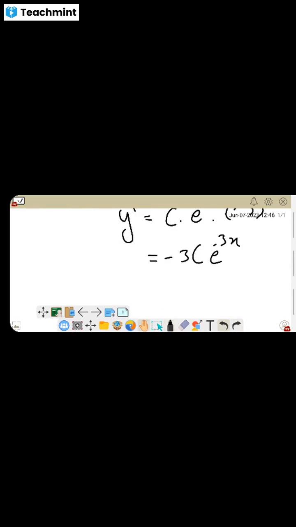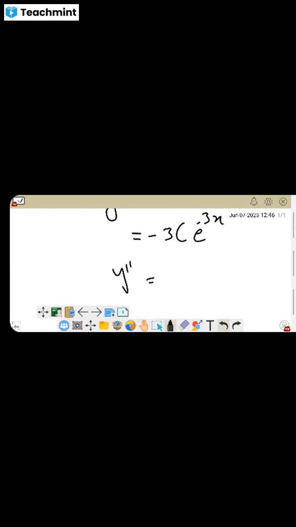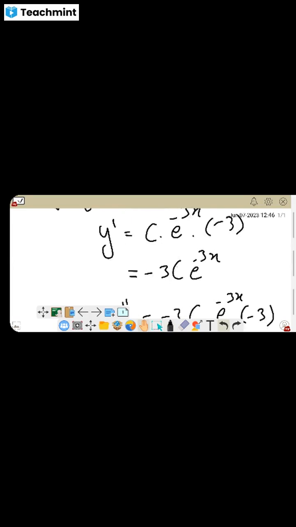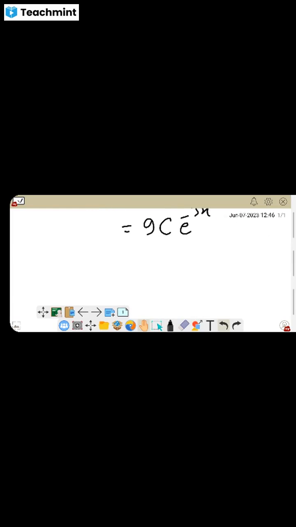Next, find the second order derivative: minus 3 into c into e to the power minus 3x, and again we have minus 3 by using the chain rule. Now we have 9c into e to the power minus 3x. Now put all these values of y, y dash and y double dash in the given equation.